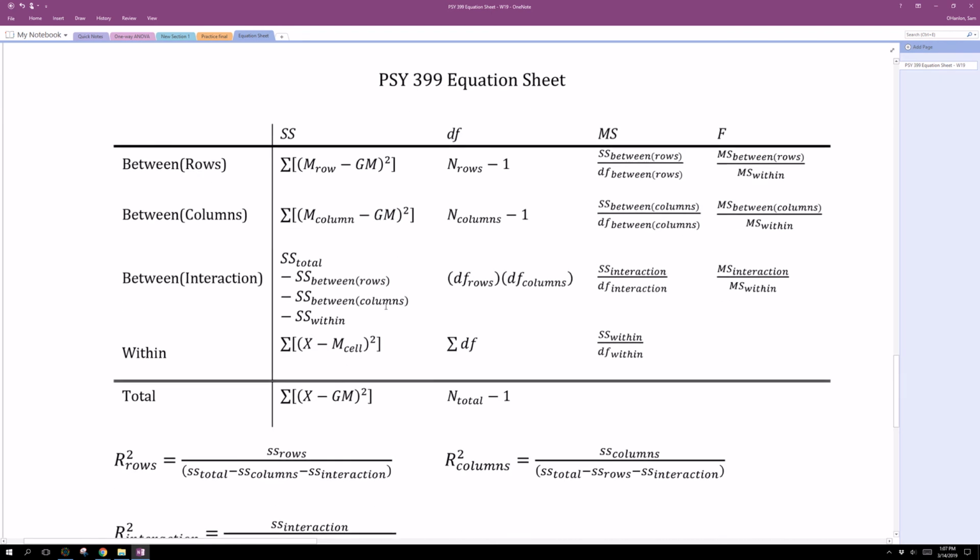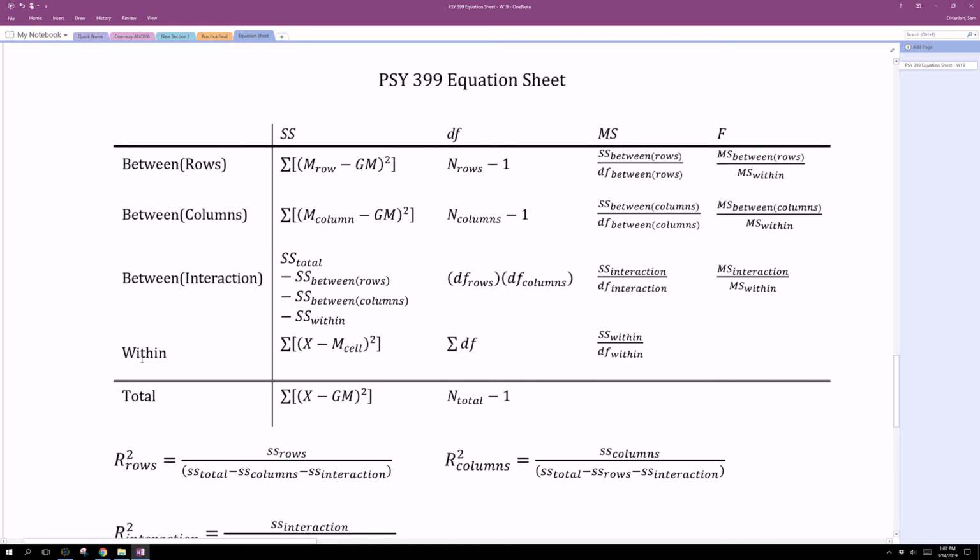Okay, now we've got your two-way ANOVA, and it works the same as the previous two tables. It's just that these tables get bigger and bigger the more variables you add. Okay, so here you've got means, grand means. You just have some subscripts for rows versus columns. Now, if you look at the last page of the syllabus, you'll see that I don't expect you to calculate all this stuff from raw scores.